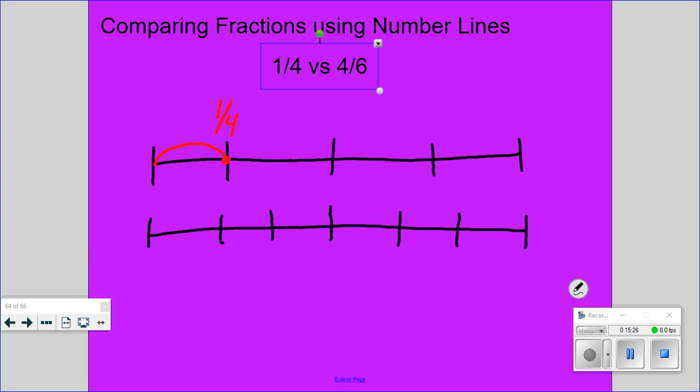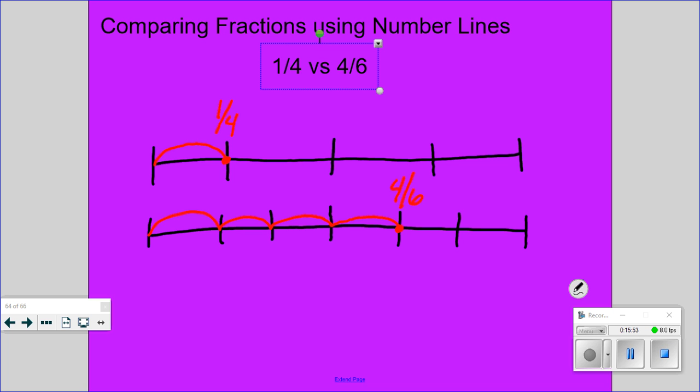That'll give me a total of 6 pieces. This time I'm counting by sixths. Ready? 1/6, 2/6, 3/6, 4/6. Ooh. 4/6. What do we find out?